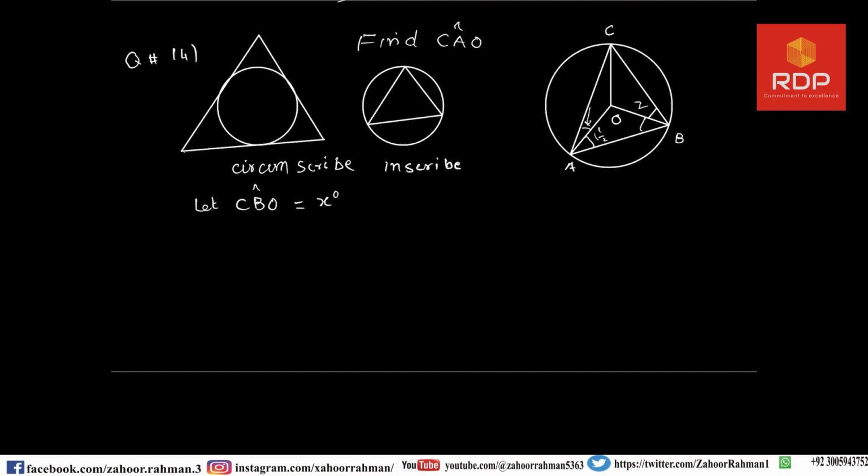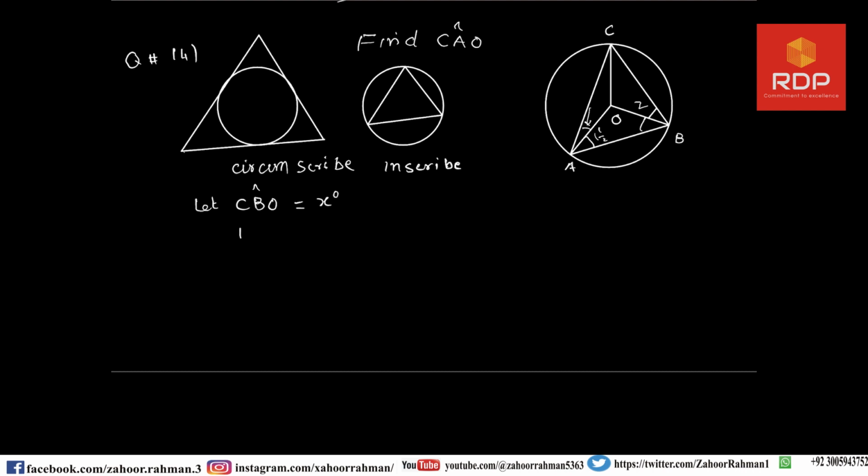Then, because they have not given us any angle, we will suppose one angle as x degree, and whatever available information there is, we have to keep that in mind and solve the question.